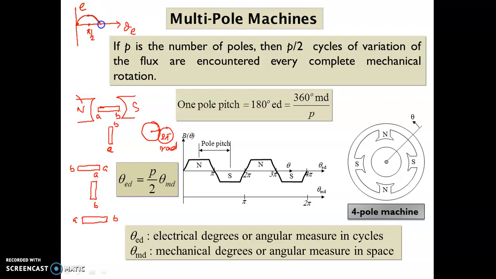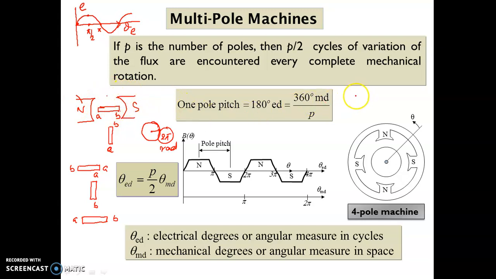Another 90 degree, and this position will come. Again you rotate it, this position is your 180, and again you rotate it, this shape will come. So here you see electrical angle and mechanical angle are both the same: if you rotate 180 degree, electrical angle and mechanical angle will be same.